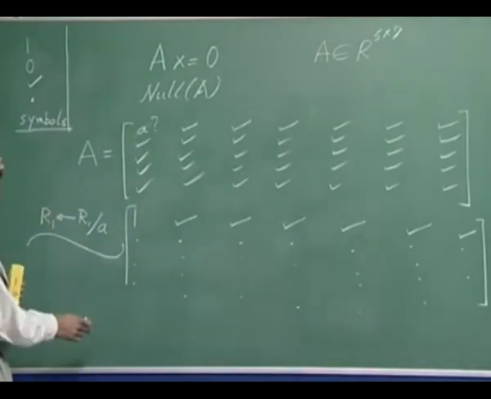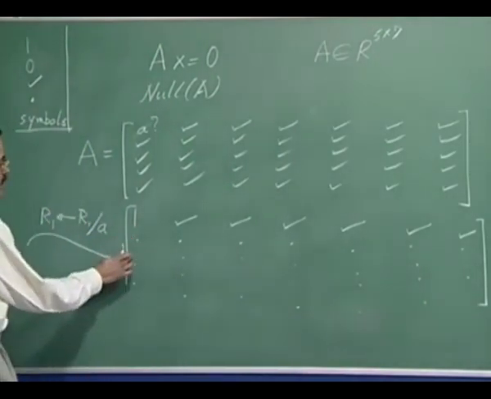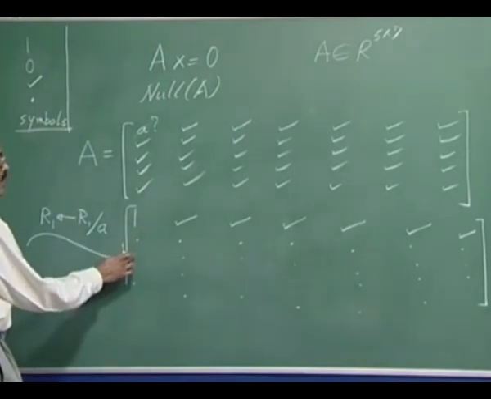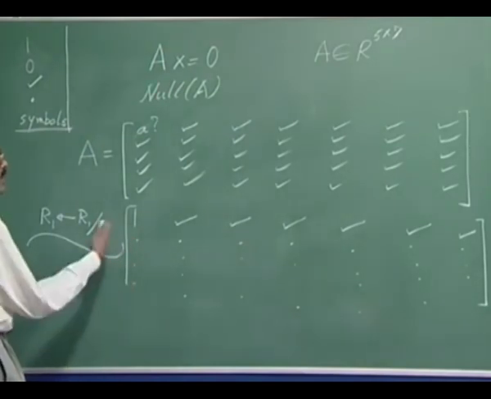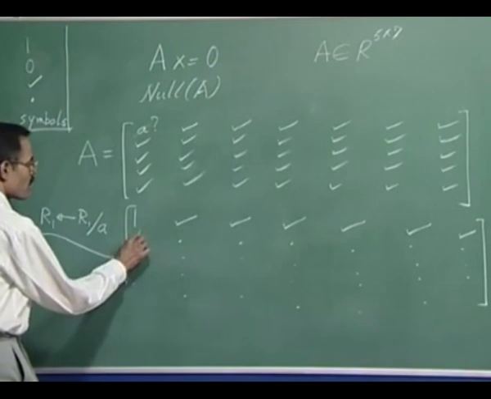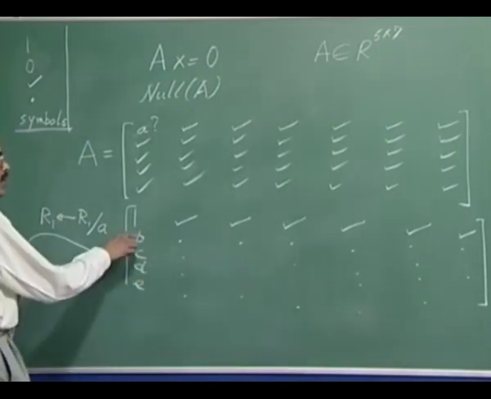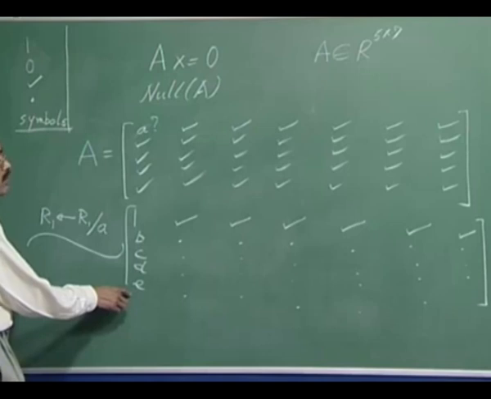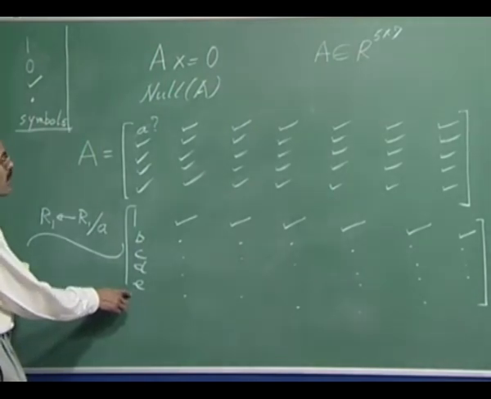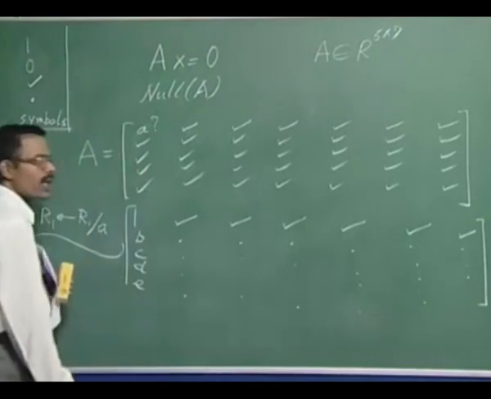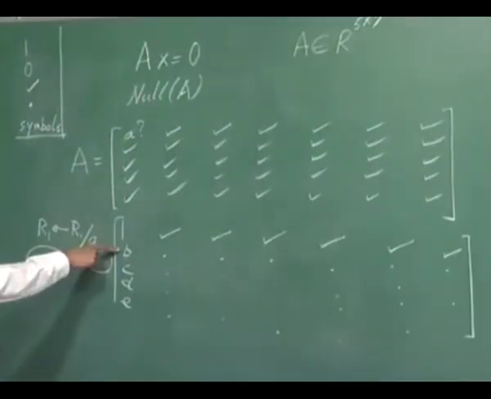Our next intention will be to get zeros here. Right now, there are 4 numbers sitting here. Let us give them some names. How do we get zeros here? From elementary row transformations. We take the first row, multiply it by B and subtract it from the second row.